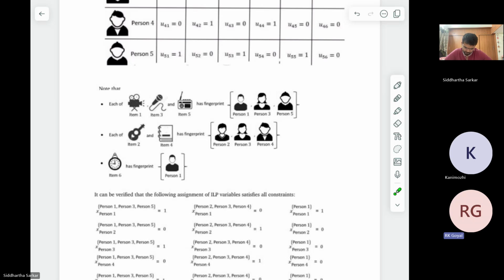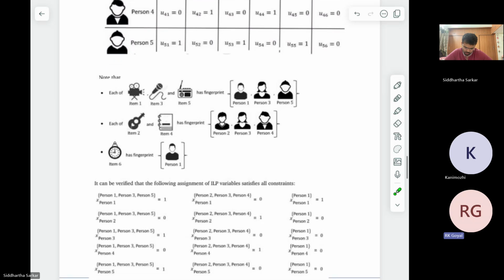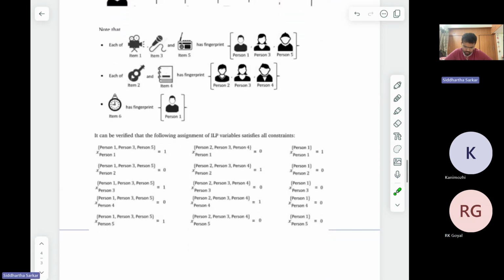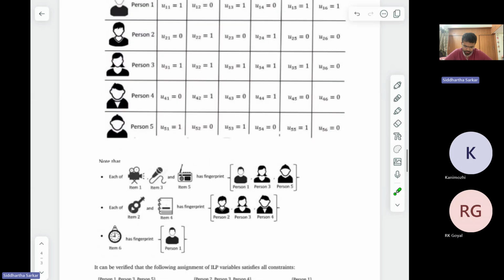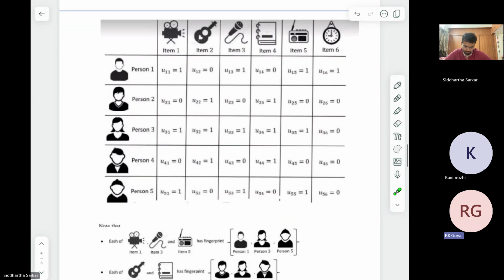So do we have these items unlimited, or do we have a fixed quantity of these items? We have exactly one item of each. So how is that possible? Then item one has been given to person one, person three, and person five altogether.